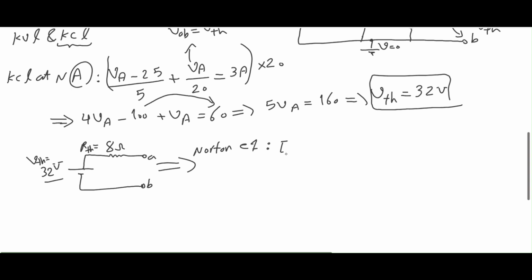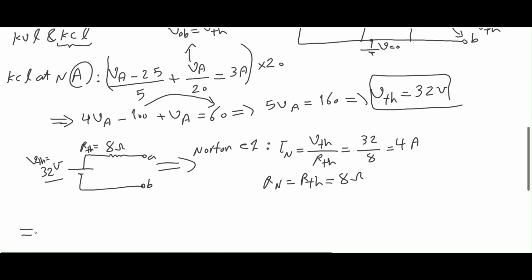If you guys remember, the Norton current is the Thevenin voltage divided by the Thevenin resistor from Ohm's law. That would be 32 divided by 8 is 4 amps. What about the Norton resistor? Easy. That's the same as the Thevenin resistor, which is 8 ohms.